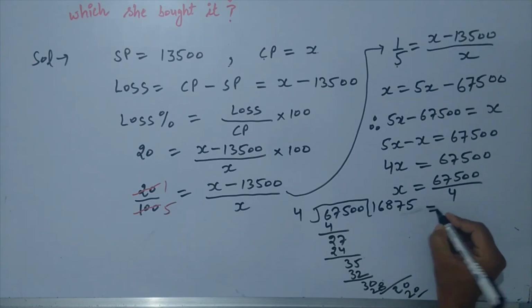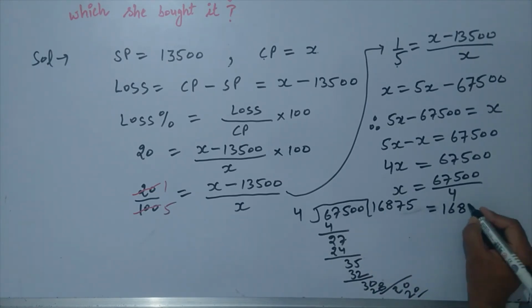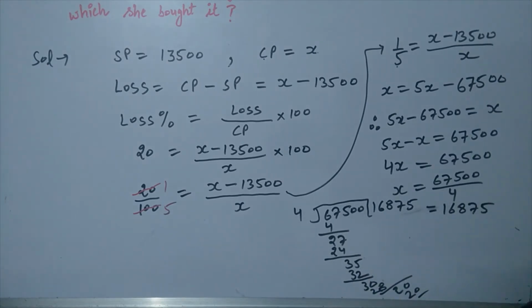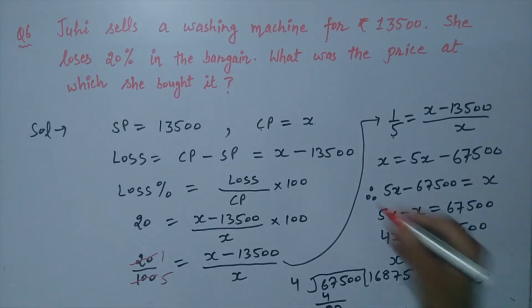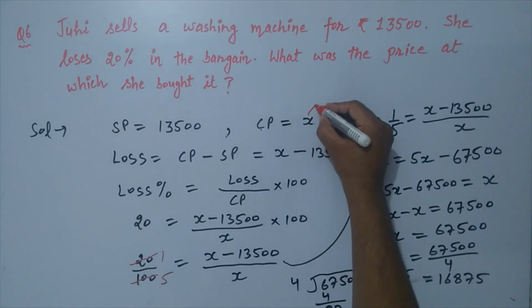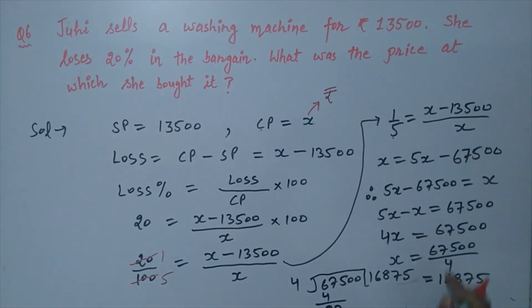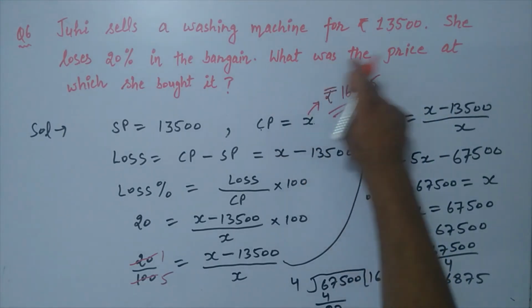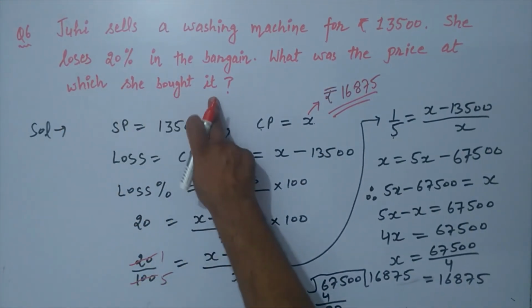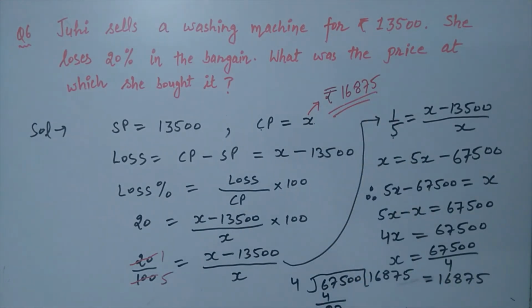So the value of X is 16,875. What is the meaning of this? The meaning of this is cost price is equal to X and the value of X is rupees 16,875. What was the price at which she bought it? So 16,875 is the price.